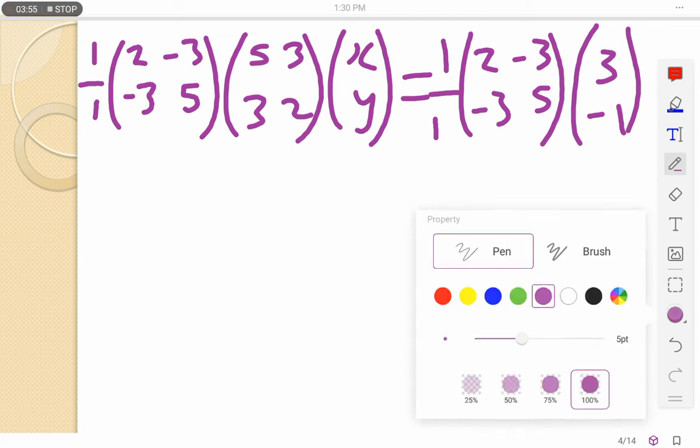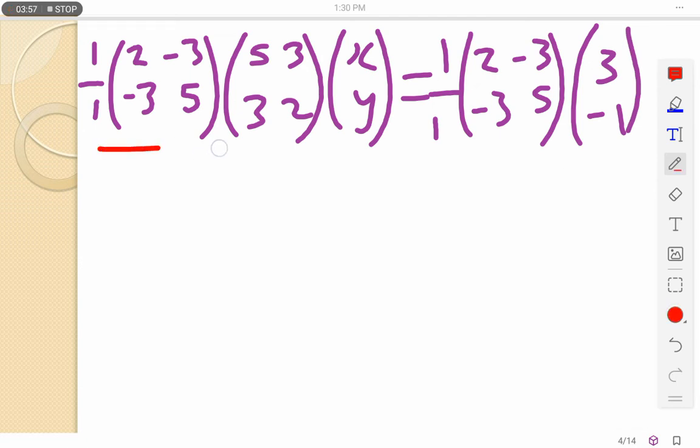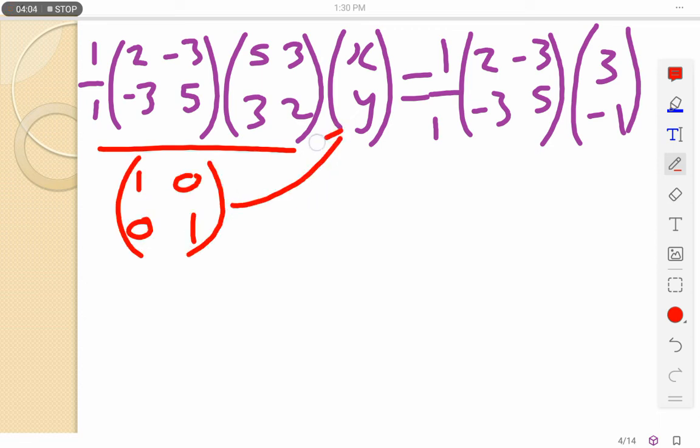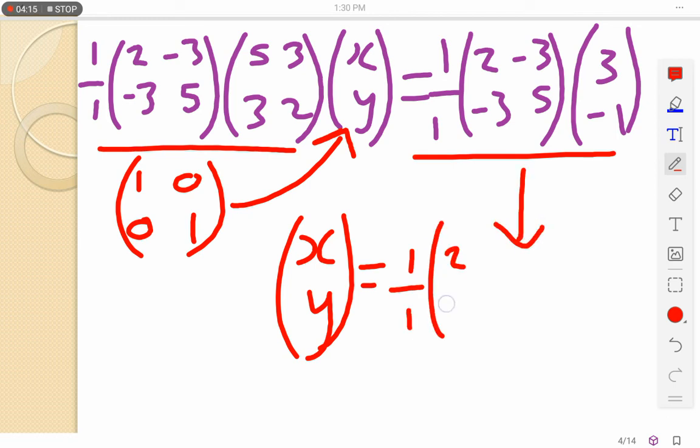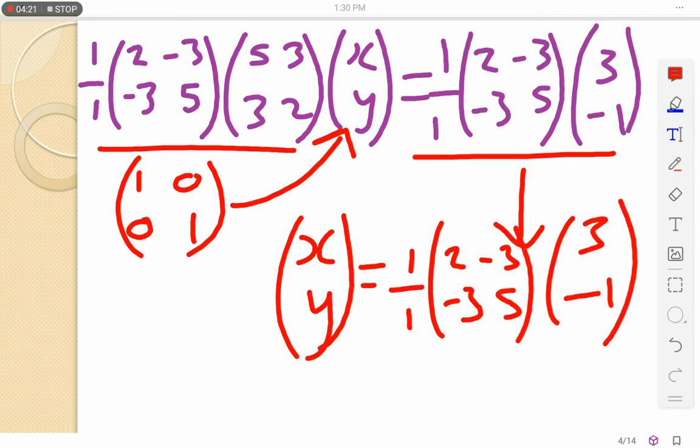The first part, an inverse multiplying its matrix, gives 1, 0, 0, 1. And if we multiply this with x, y, we get x, y. So we take this down: 1 over 1 times 2, minus 3, minus 3, 5, times 3, minus 1. Our job here is basically to solve this part.